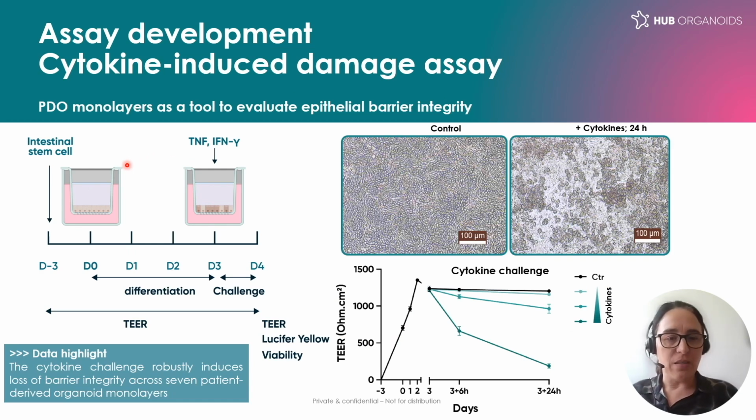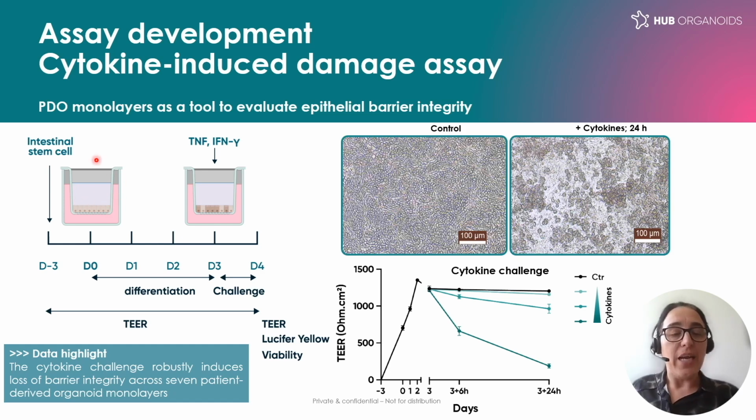They grow very fast and very well in these conditions, but we can also plate them in these transwells to create a monolayer that mimics the same monolayer of epithelium that our intestine consists of.